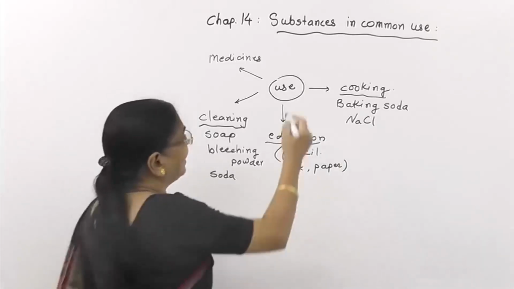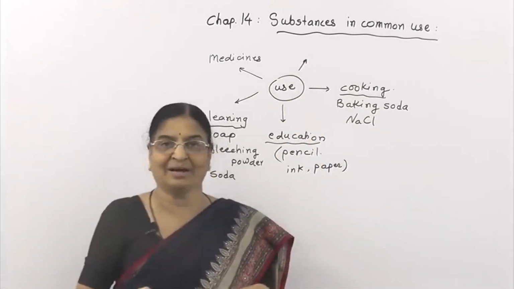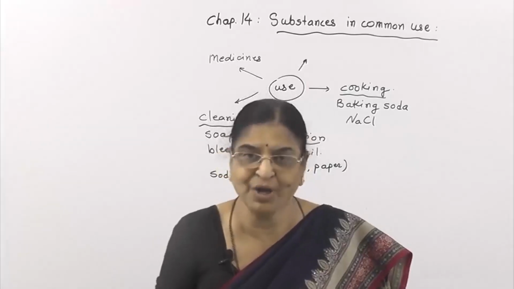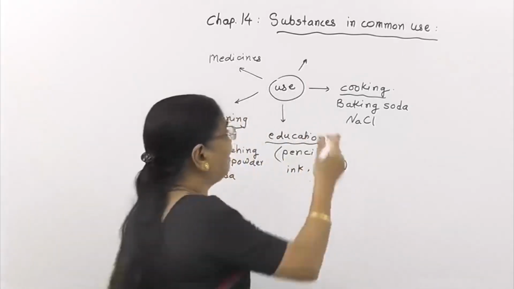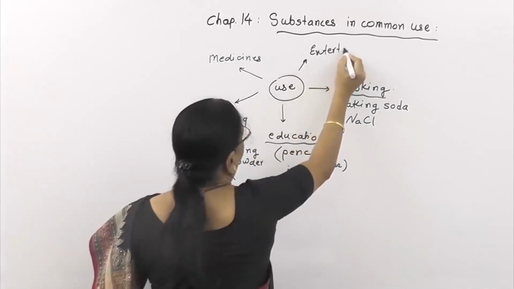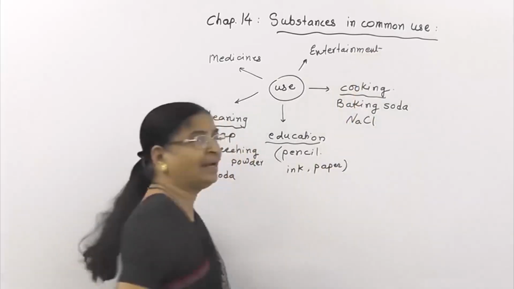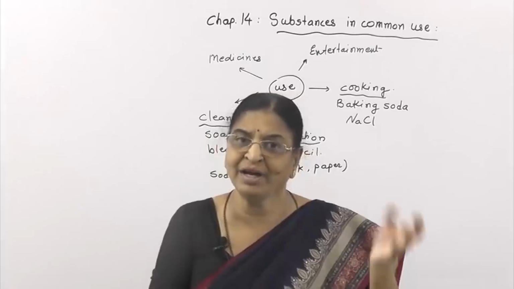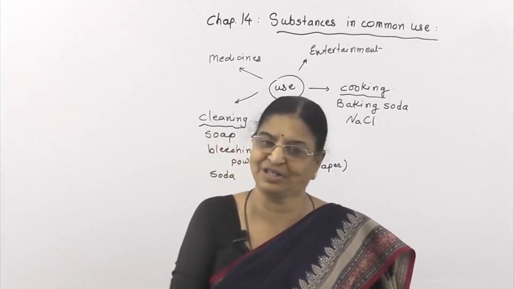Then, for clothing or shelter, there are cement, concrete or POP-like substances we use in everyday life. And in entertainment, our digital life, which is very important, is based upon chemicals and radioactive substances only.